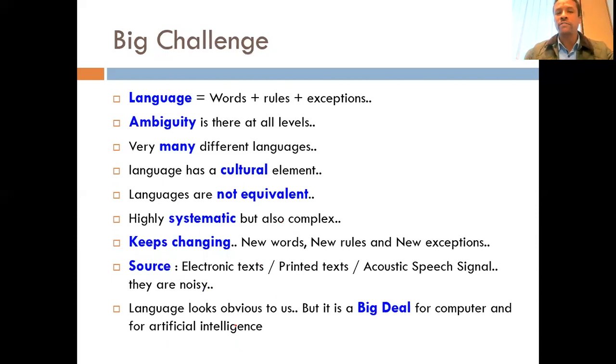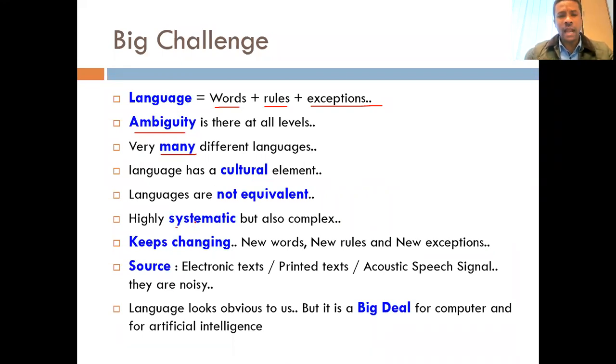But the challenge that we have here is that language is a collection of words, rules, and exceptions. Wherever you go, it is words, rules, and exceptions. And we have ambiguity at all levels: at word level, at rule level, at exceptions level, at phonology, morphology, syntax, semantics, pragmatics, at all levels we have ambiguities. And there are many different languages all over the world, and still it's a big challenge. And language has cultural elements, even like Amharic that's spoken in Addis and in other parts of the country are quite different.